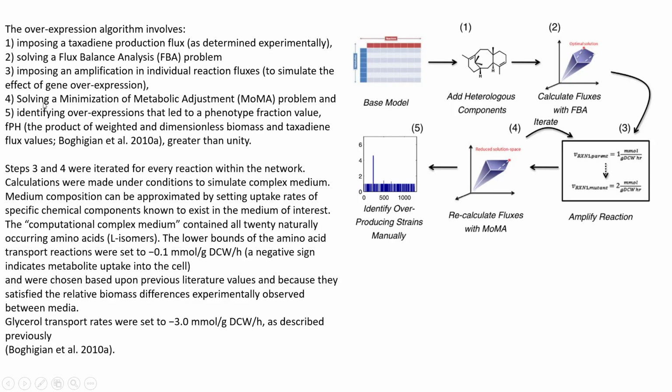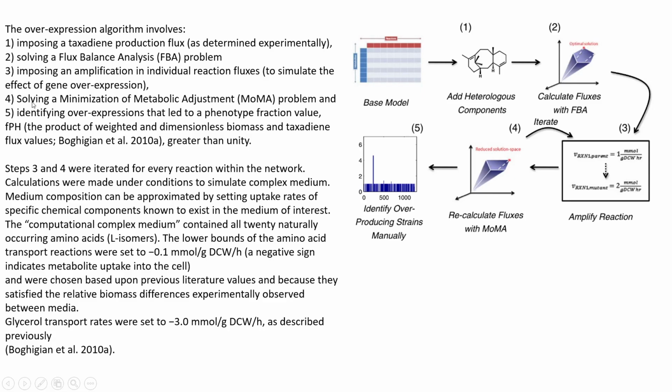And then you solve what we discussed last class, the minimization of metabolic adjustment problem, and identify overexpressions that led to a phenotype fraction value, FPH, given by this parameter, which is the product of the weighted, dimensionless biomass and taxadiene flux values, which are greater than 1.